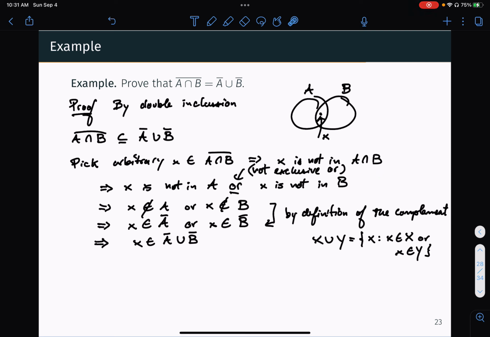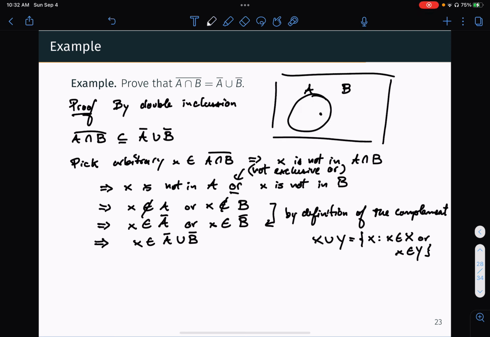And implicitly, what I'm saying is this is my universe, right? This is my universe. And I'm saying, let's do this very clearly, that X is not in A intersect B, right? So then I have three cases, right?